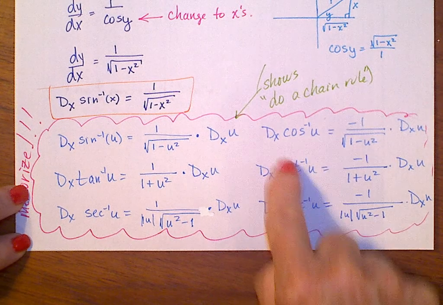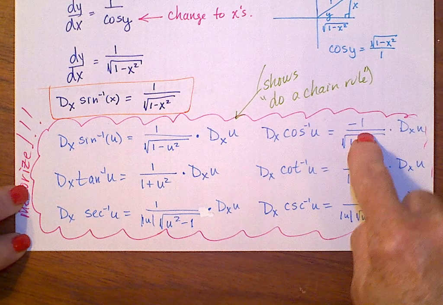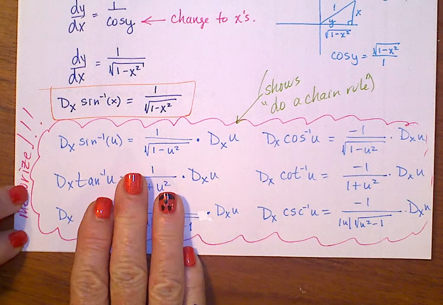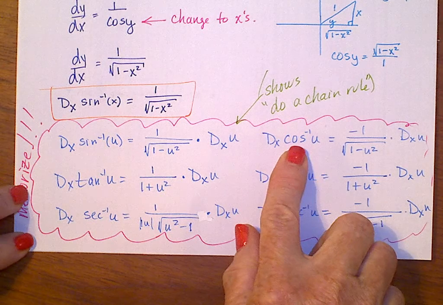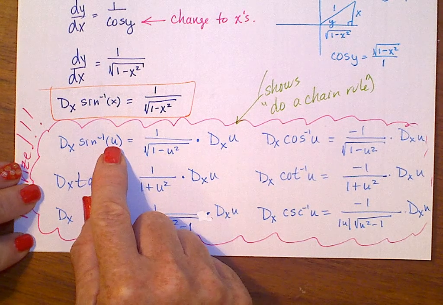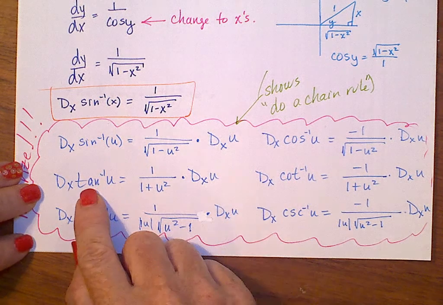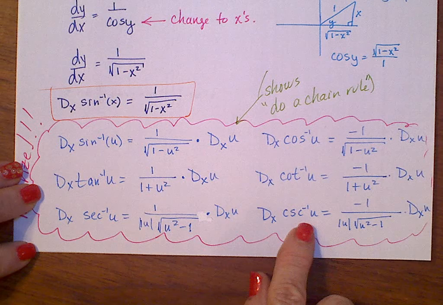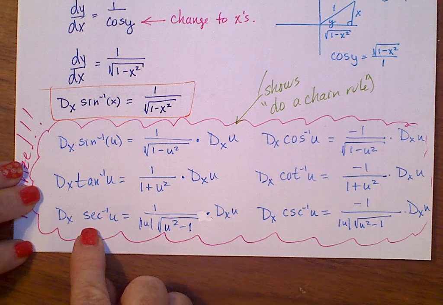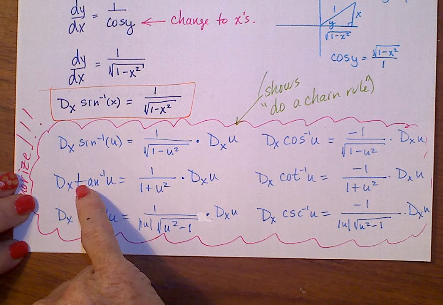All of the inverses that start with a C are just the opposite of their respective cofunction. So for inverse cosine, the derivative is the opposite of inverse sine. The derivative of inverse cotangent is the opposite of inverse tangent, and the derivative of inverse cosecant is the opposite of inverse secant.